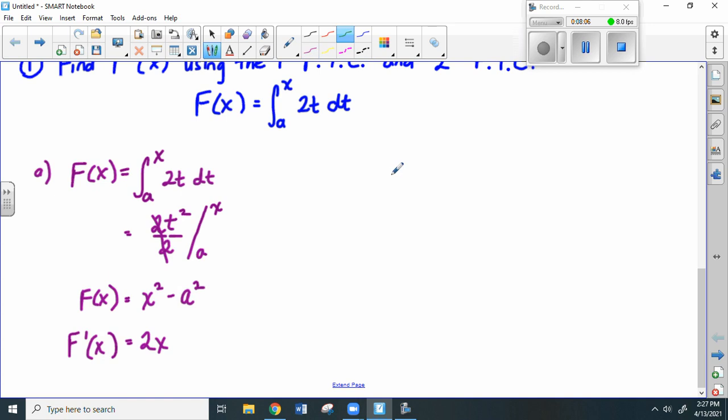Now, if I repeat the process using the second fundamental theorem of calculus, so just copying down my function again, I can jump straight to the derivative, and literally the derivative gets rid of the integral and replaces the t with an x.